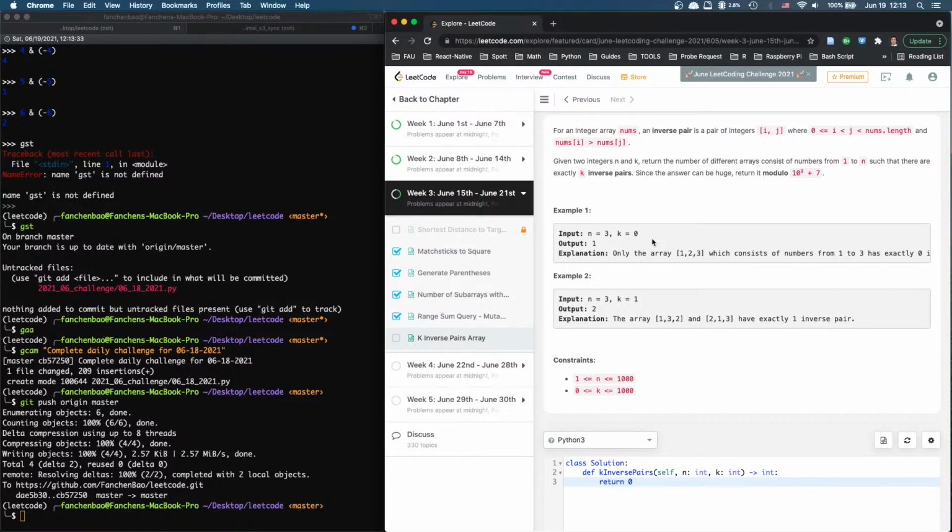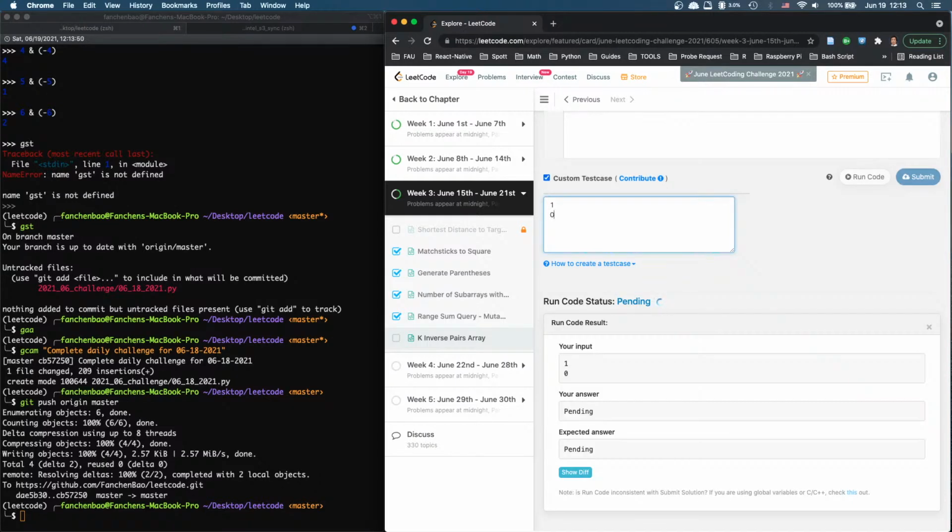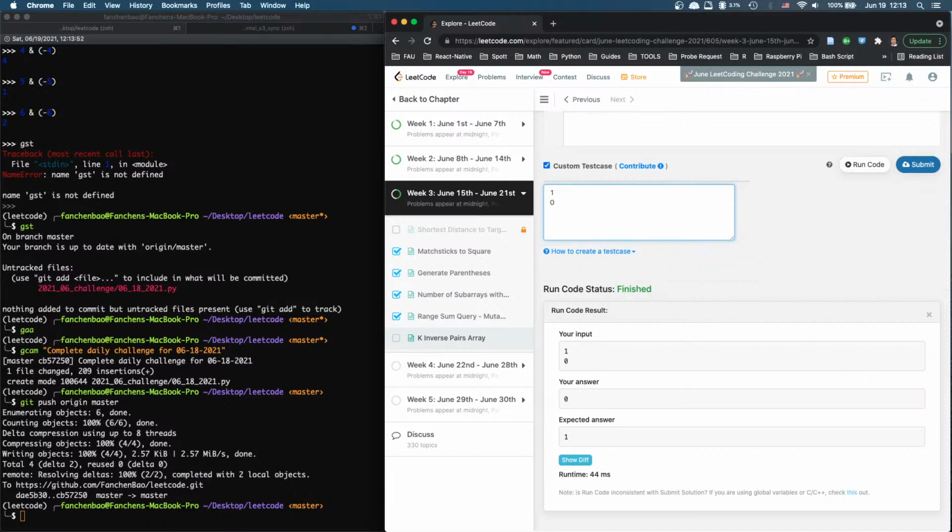If I have 1 with 0 pairs, that is going to give us 1. So when k is 0, it's going to be all 1. When k is 1, we already solved it. When it's 1, everything is going to be n minus 1.